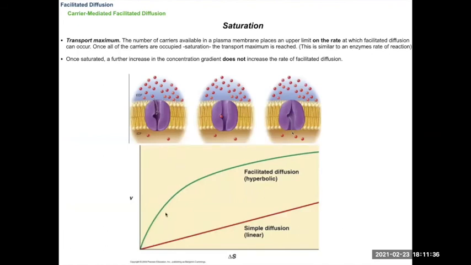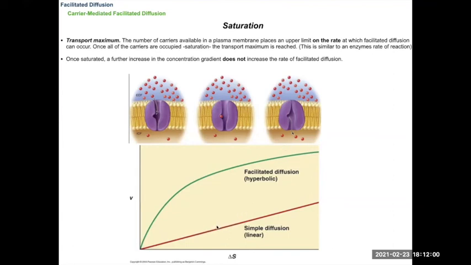At some point over here, there is a lot of concentration and it's happening very fast. The higher the concentration gets over here, but at some point it starts to flatten out like this, right? Because basically you've used up all your carriers, that is those spaces that bind the solute, and it only works so fast, right?